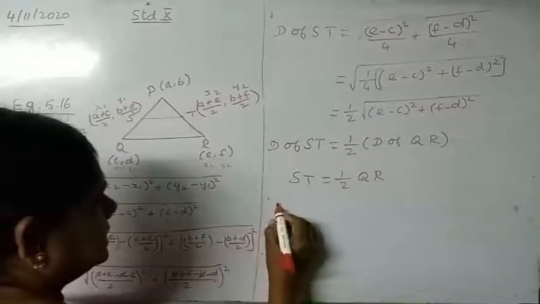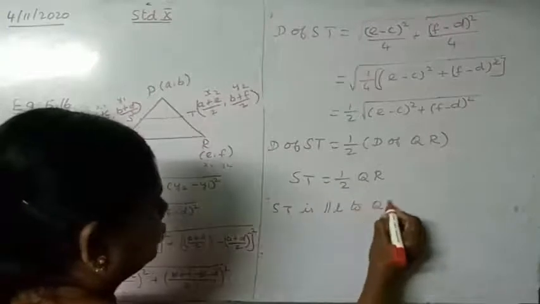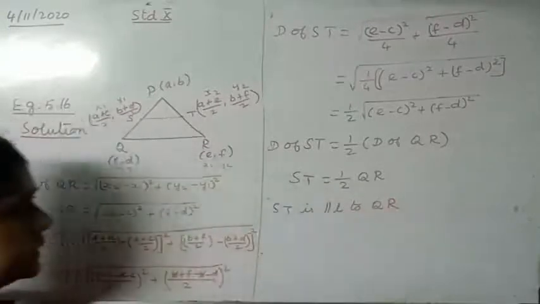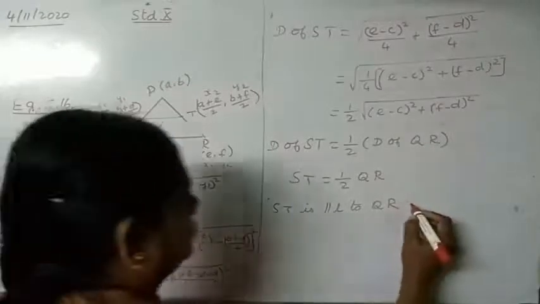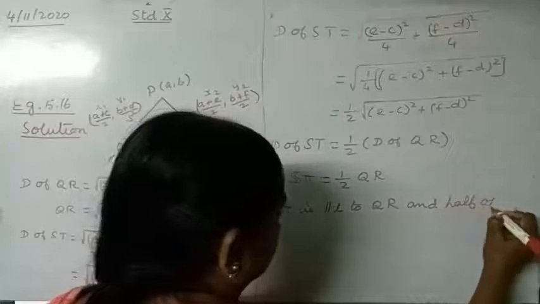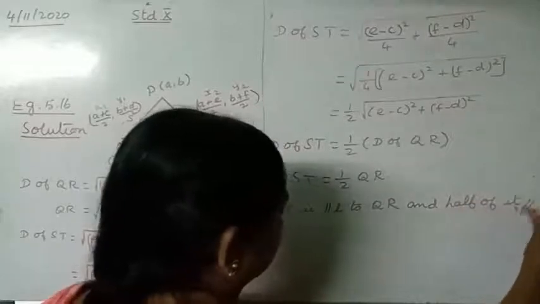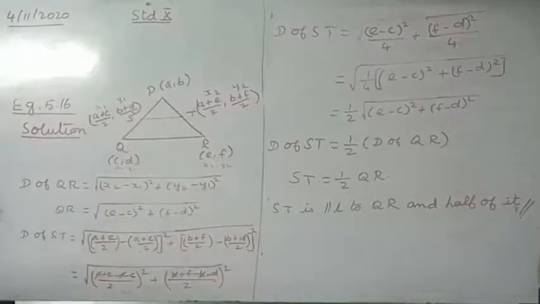So we can say that ST is parallel to QR. First we proved this: the slopes of the parallel lines were both equal, and half of it. Hence proved.